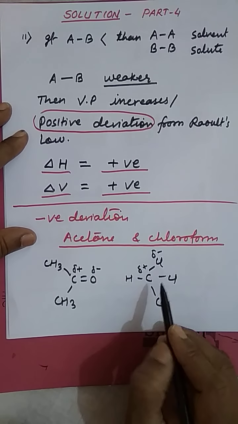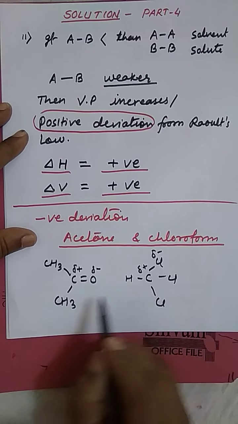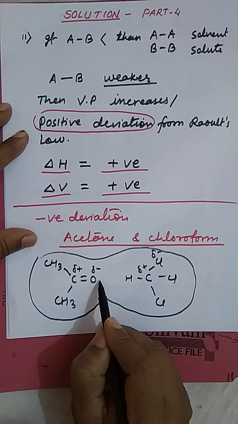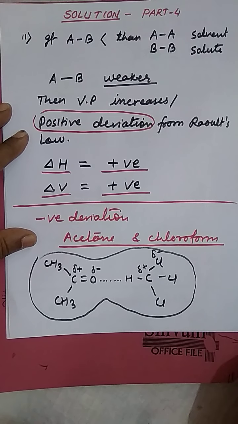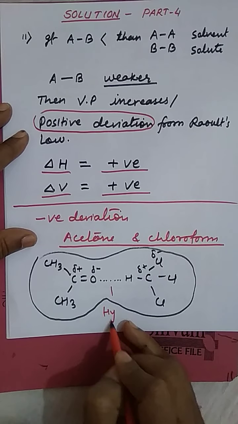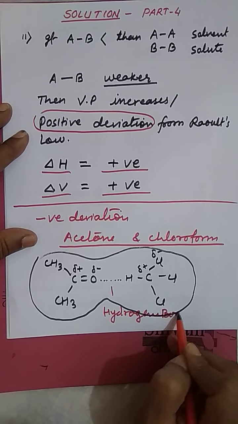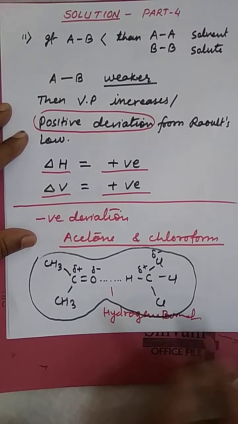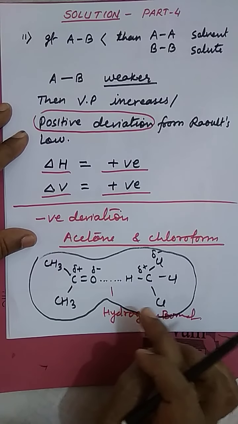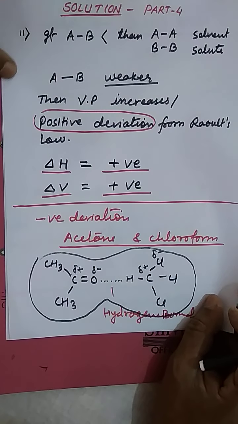So there is dipole interaction in chloroform, but after mixing acetone and chloroform, a new interaction, that is the interaction between oxygen and hydrogen, a hydrogen bond, is formed, and definitely a hydrogen bond is stronger than dipole interaction. So you can say AB interaction is greater than AA and BB interaction, and in this situation it shows negative deviation.